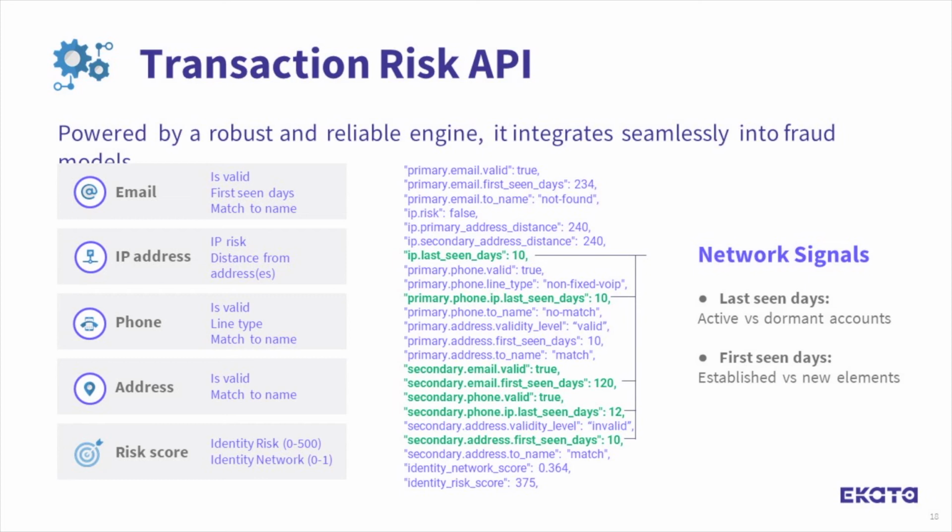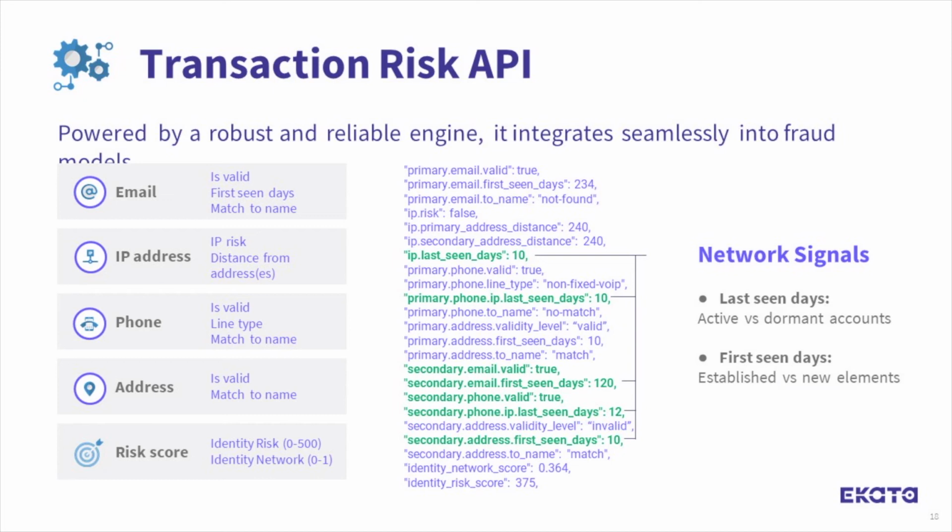No issues, Stacy. As I was mentioning earlier, we provide not just network signals. The ones highlighted in green are the new network signals that got added in Transaction Risk 2.0. But we also provide the validity level of all the entries that you're providing. So let's say whether an email is actually valid or not, whether a phone number is actually valid or not.